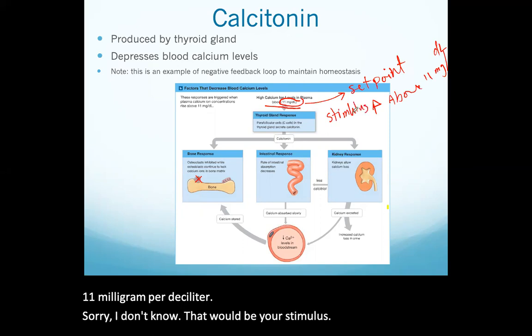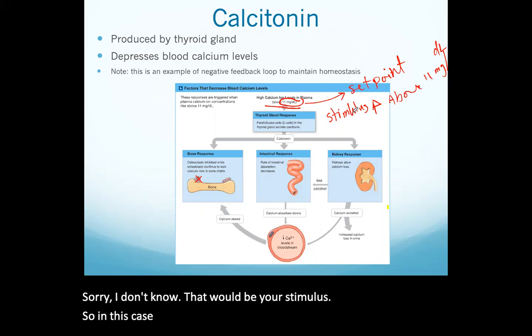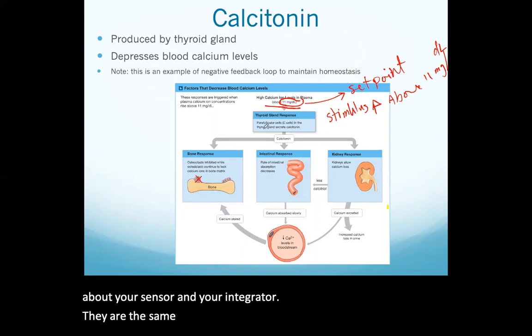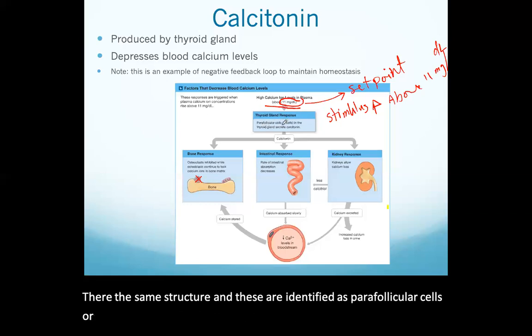So in this case, the sensor that is monitoring and also creating the final response, we're talking about your sensor and your integrator. They're the same structure. And these are identified as parafollicular cells or C cells that are located within your thyroid gland.